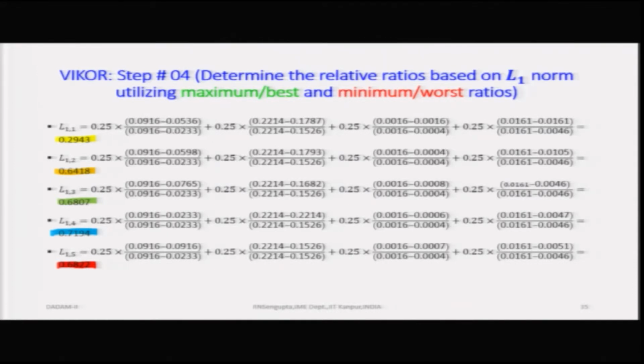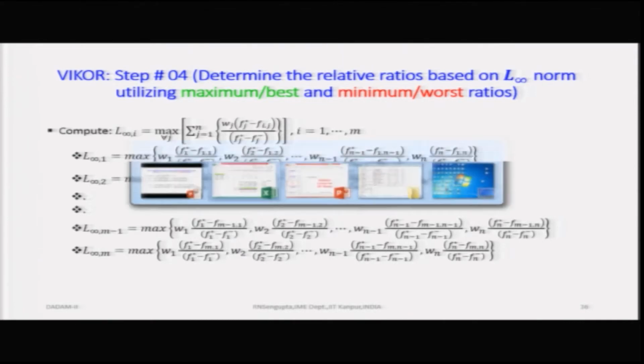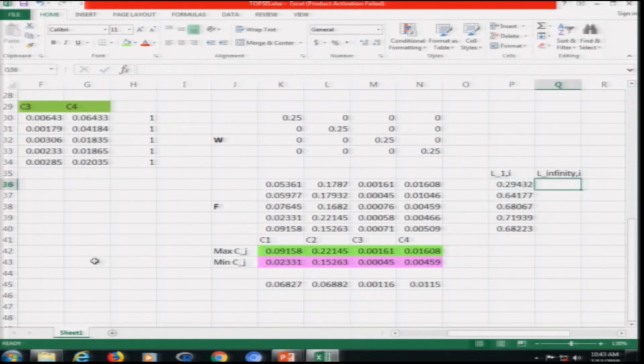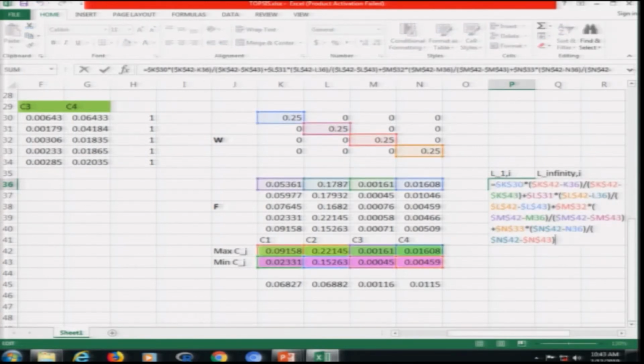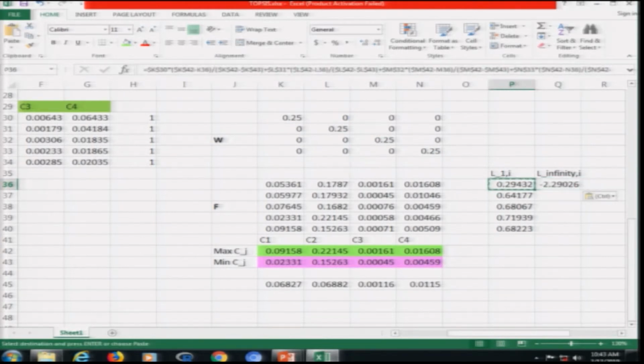Now, I go to the L infinity norm, that means I have to find out the maximum. So, I copy it accordingly and then I basically change it. I will tell you what I am doing. Let me copy it and then make it.